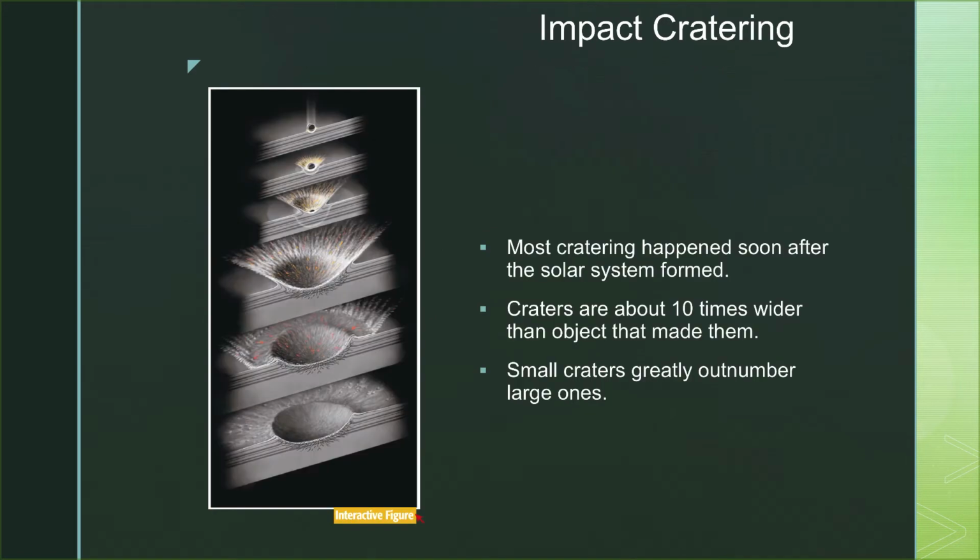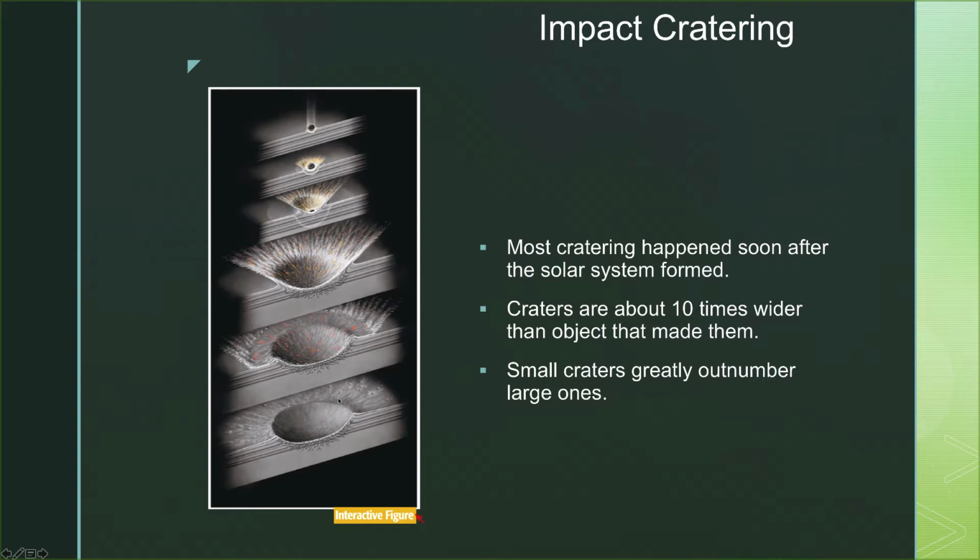Okay. Well, we saw impact cratering on the moon, right? And you can see here sort of a timeline. You've got this little tiny thing, and it's hitting, and as it hits, it blasts this big crater and throws material out, and you can see down here at the end, you have these stripes coming out. This is seen on the moon a lot.